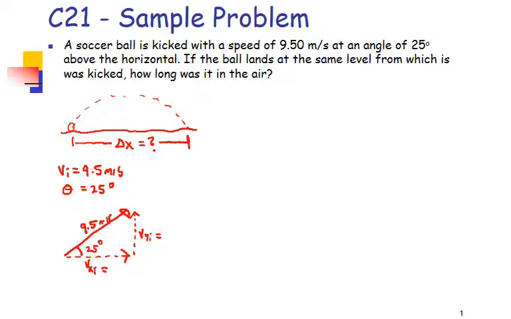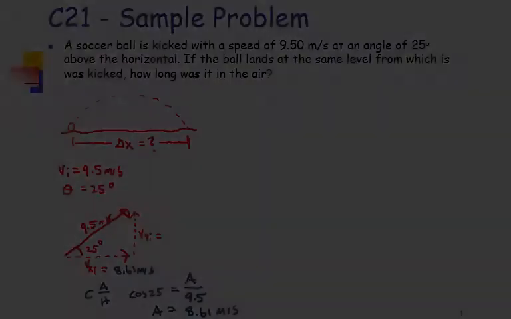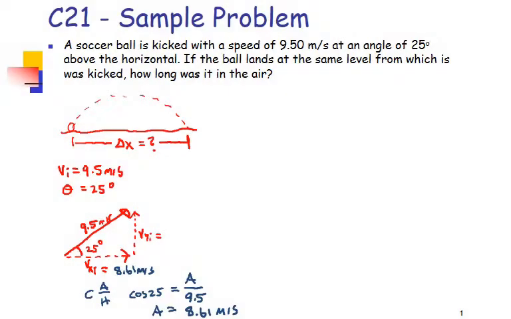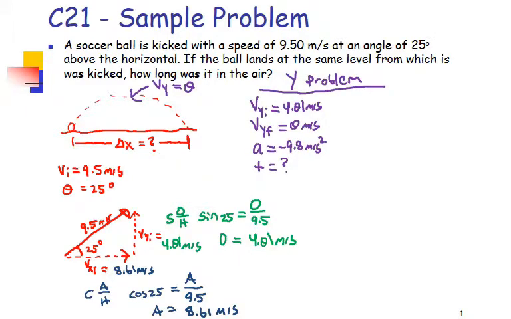Make sure over here you set up your x and y, and figure out your x velocity and your y velocity, in this case using the cosine of 25 to get the x velocity and the sine of 25 to get the y velocity. Then we work out the x and y motion separately. We use the fact that the velocity at the top in the y direction is 0.